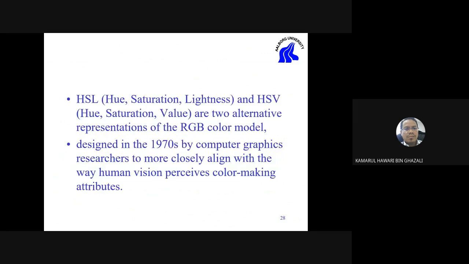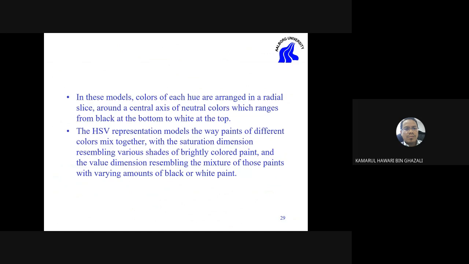And next is another color space. HSL, hue saturation lightness, and HSV, hue saturation value, are two alternative representations of the RGB color model. They were designed in the 1970s by computer graphics researchers to more closely align with the way human vision perceives color attributes.